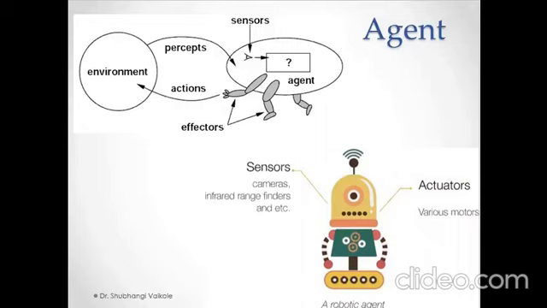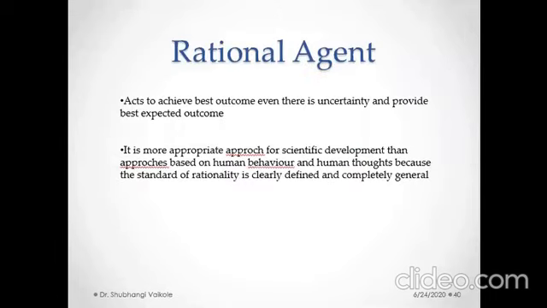A rational agent is one that acts so as to achieve the best outcome, or when there is uncertainty, the best expected outcome.